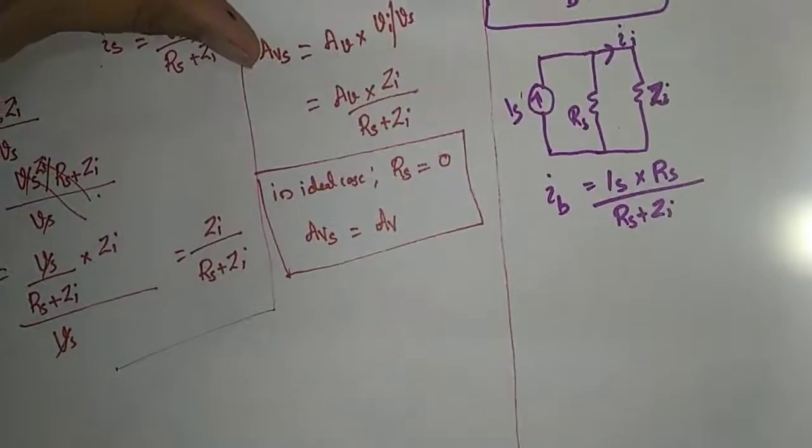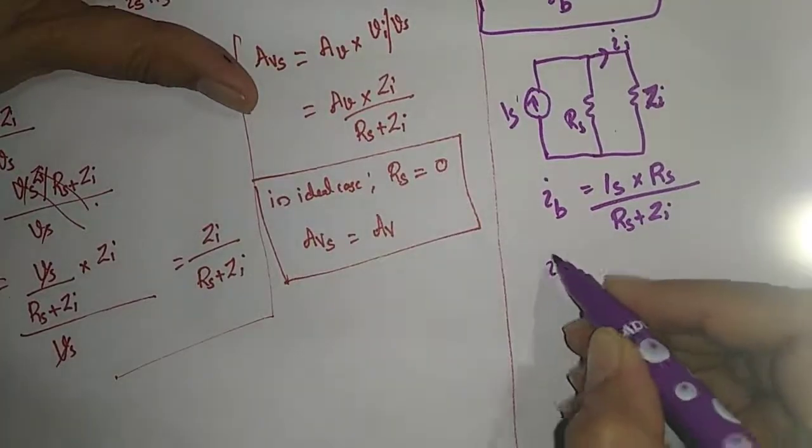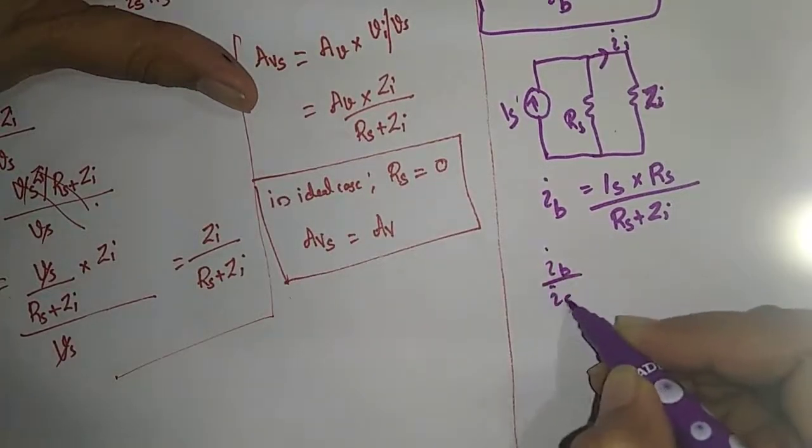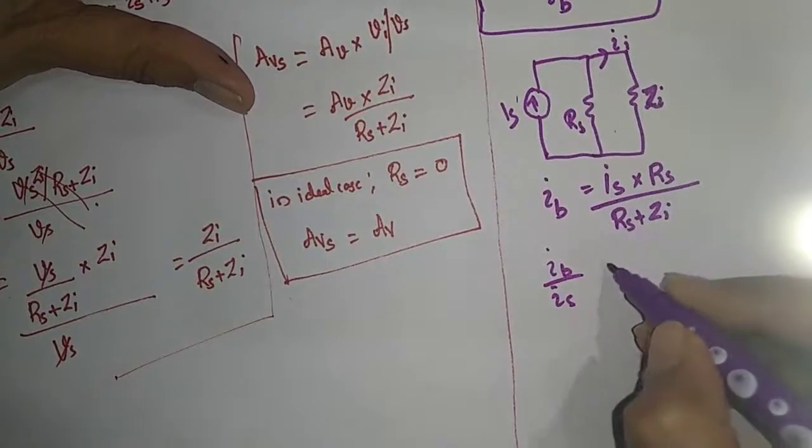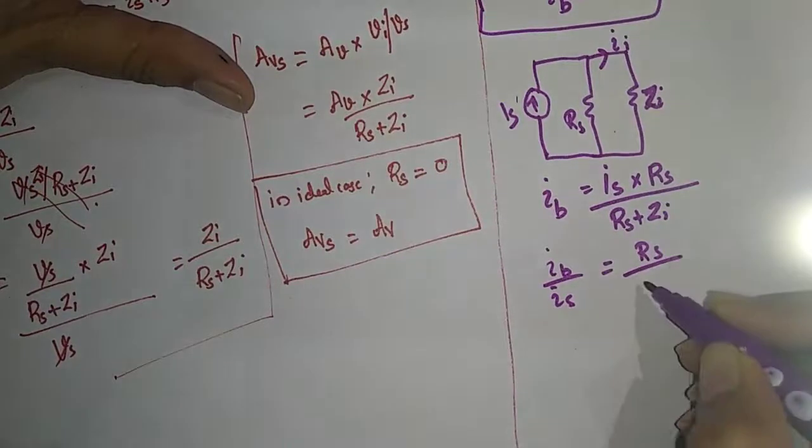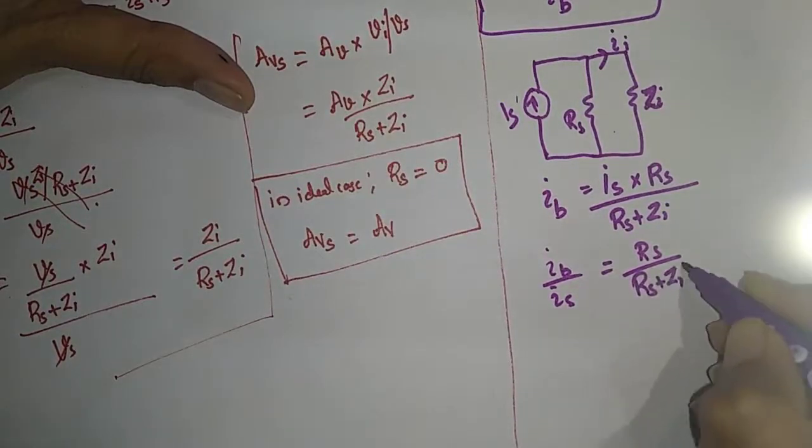I can say my equation IB by IS is equal to Rs divided by Rs plus Zi.